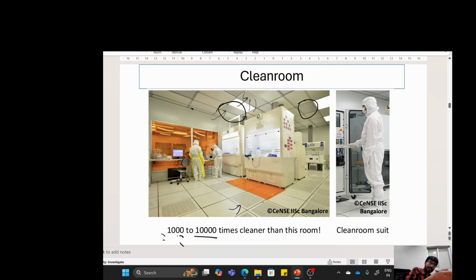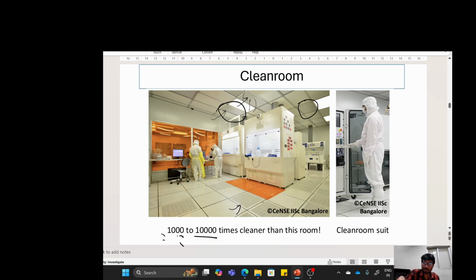The air is cleaned, and there is continuous circulation. Also, to maintain the humidity, there are big dehumidifiers as well, because most of the processes are done in a controlled environment.